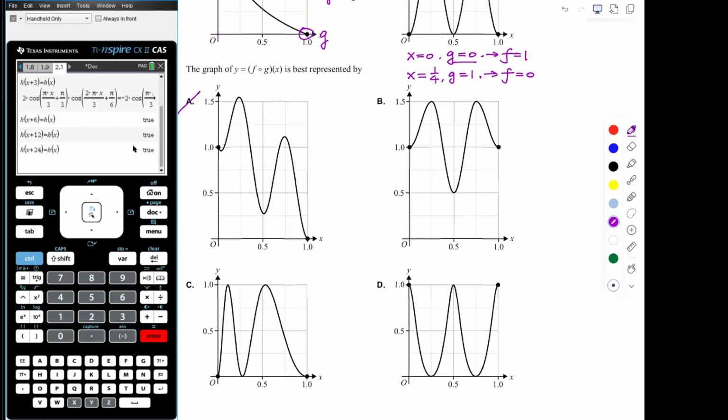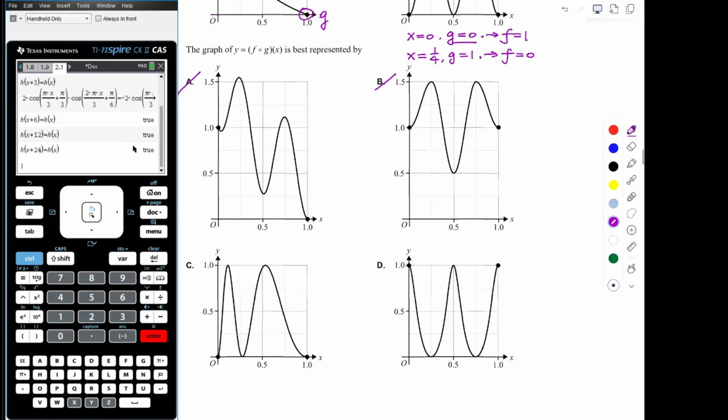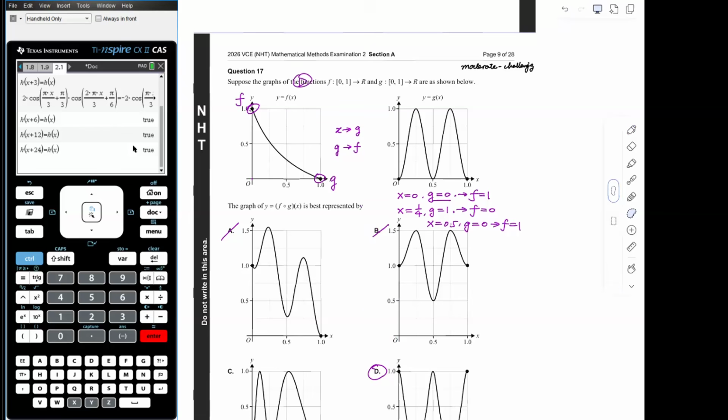So option A, option B doesn't satisfy this property. And now, by some symmetry, if you try x equals 0.5 or half, my g comes back to 0 again. So f will come back to 1 again. Therefore, I would say only option D will satisfy this format, okay? And it's quite symmetrical. When I attempted this question earlier, I actually adopted a slightly different approach.